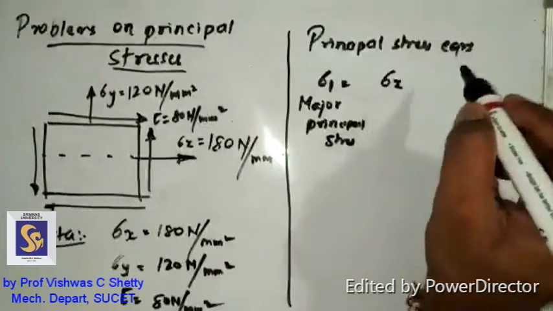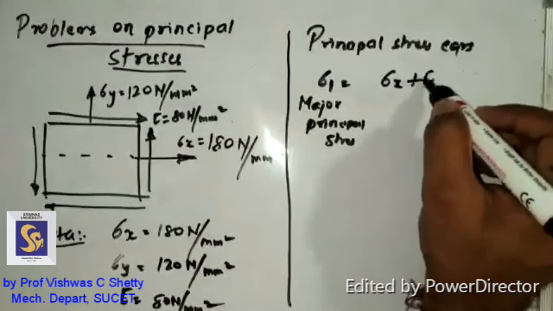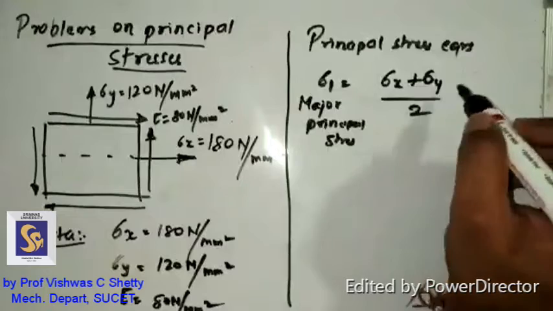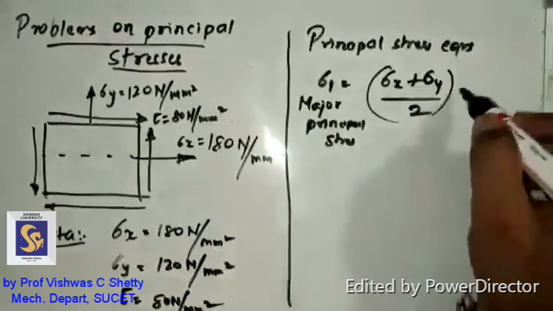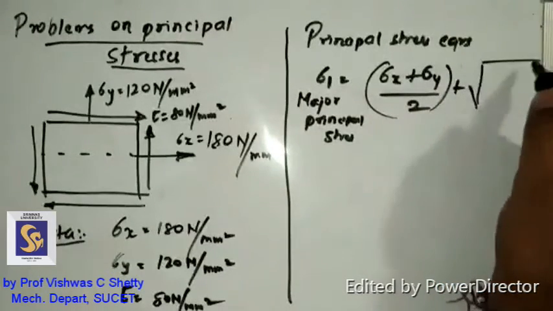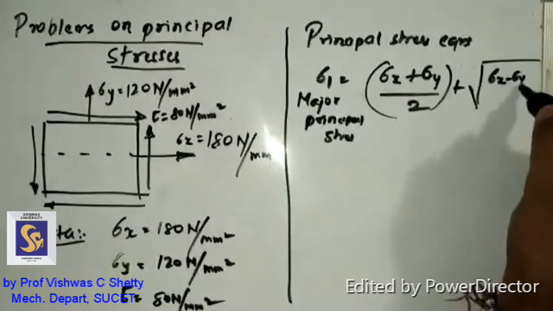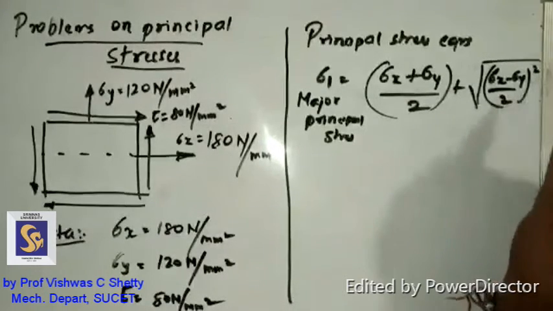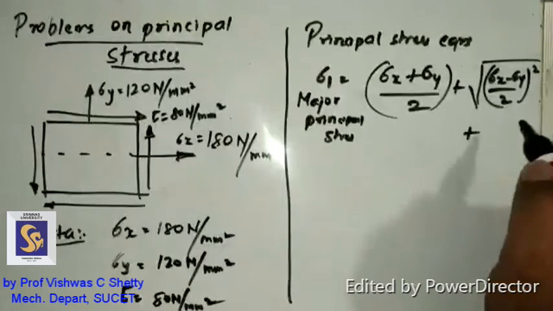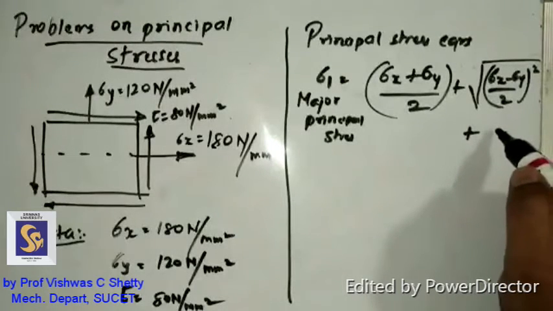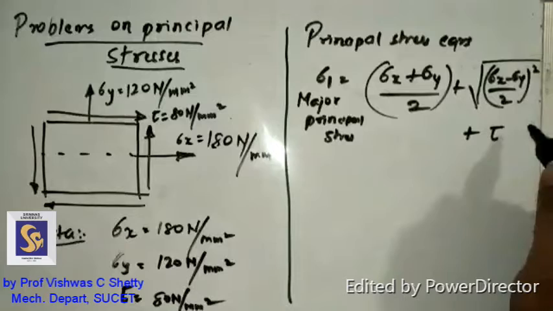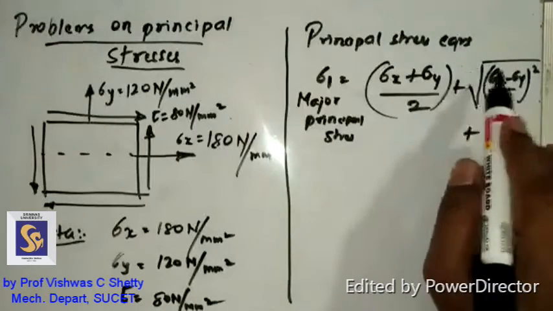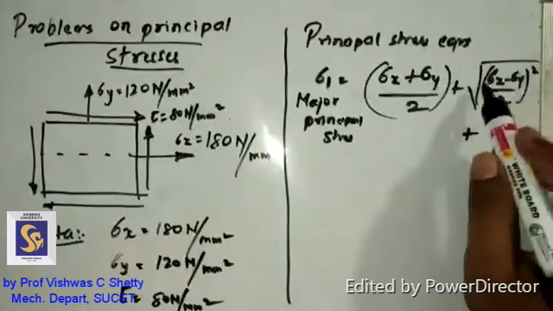What is the equation in terms of sigma x and sigma y? Sigma x plus sigma y by 2, plus root of (sigma x minus sigma y by 2) whole square plus tau square. Last time I wrote it in a different way, but you can write it like that also. If you multiply that half inside, then you get this equation.